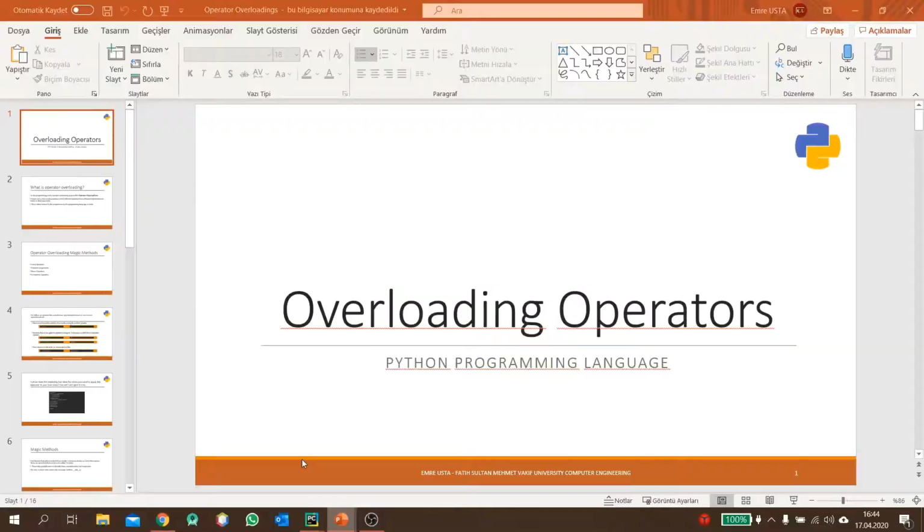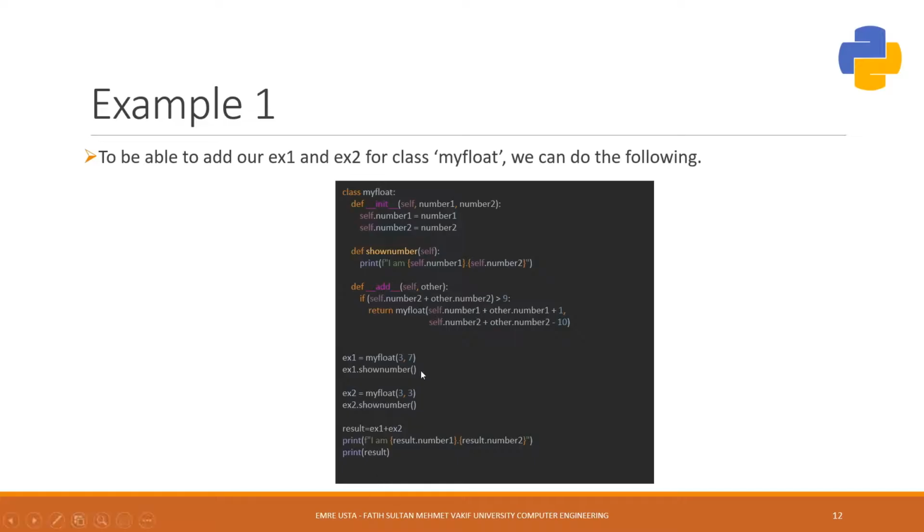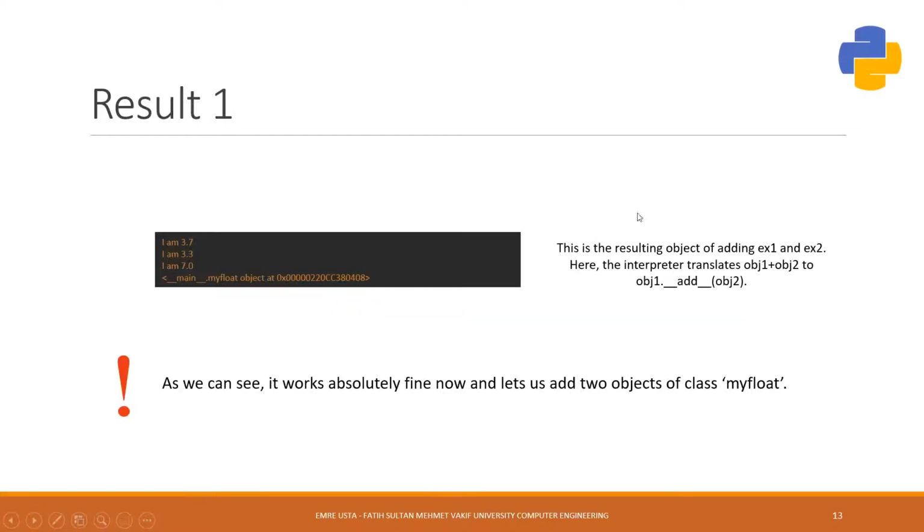We can continue our lesson. Sorry. This is the resulting object of adding x1 and x2. Here the interpreter translates x1 + x2 to x1.__add__(x2). We can show here from objects. Okay.